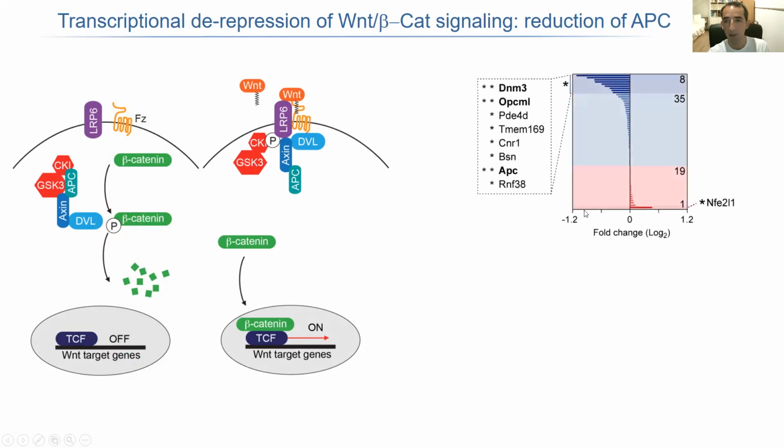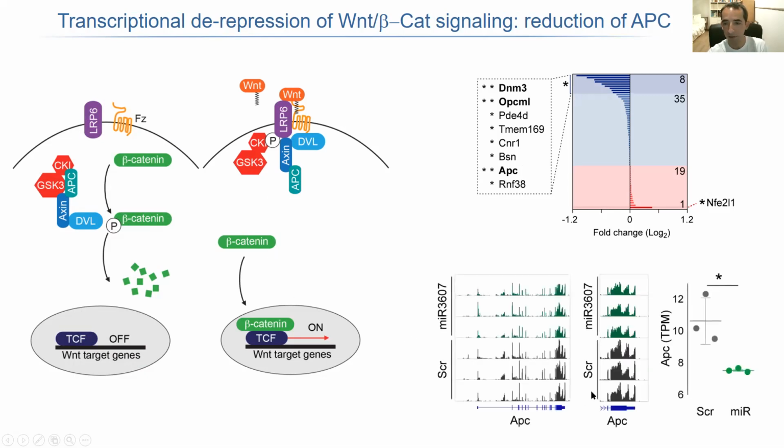Now, interestingly, among our differential expressions after overexpressing our microRNA, we found a number of genes that are predicted targets for this microRNA, and this included APC, which, as you can see here, is one of the known key effectors of this protein complex driving beta-catenin degradation. So if miR3607 is downregulating the expression of APC, maybe that's the mechanism by which it liberates beta-catenin from degradation, and then it increases beta-catenin signaling.